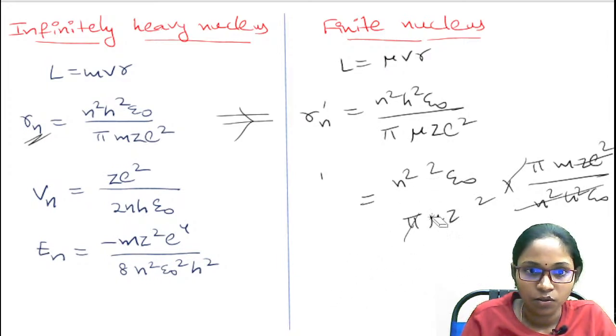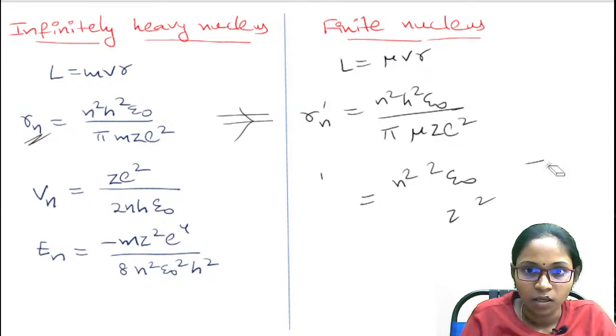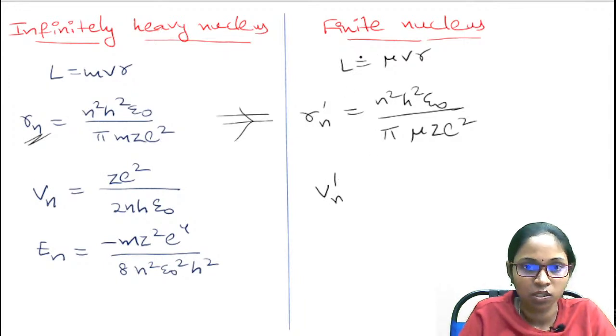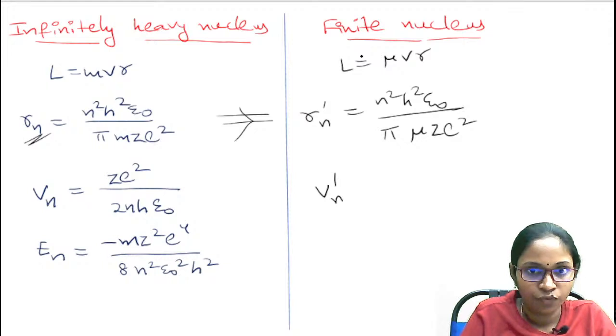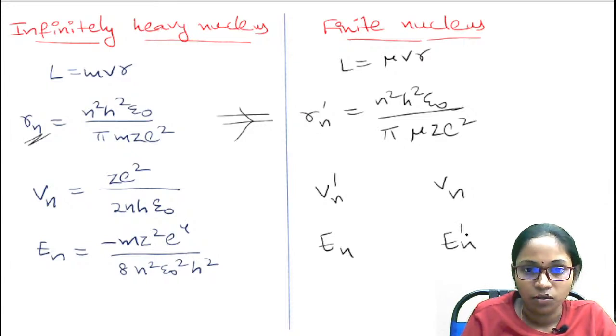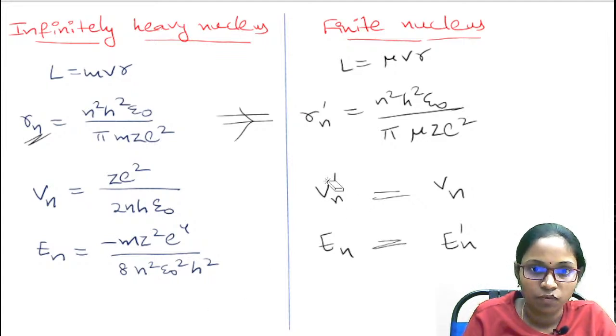You have to solve for the relation between the velocity of the electron moving in the nth orbit for finite nucleus and for infinitely heavy nucleus, and also for the energy equations. You have to find the relation between these two, as well as between those two. This is your work.